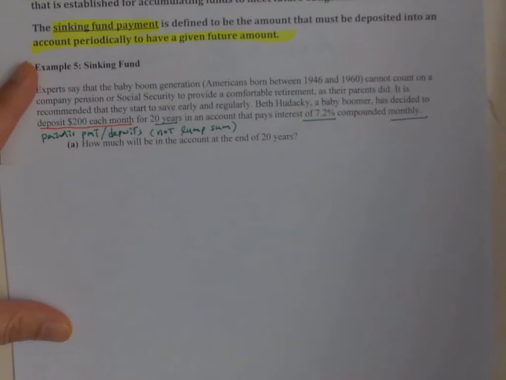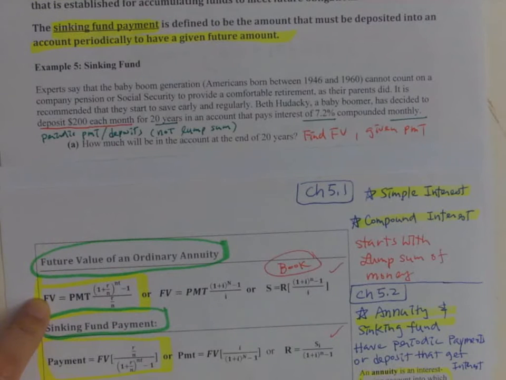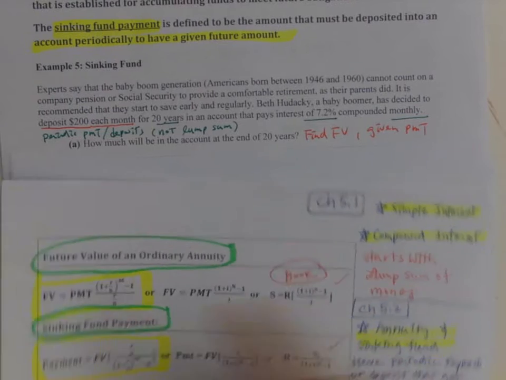They want to know how much money she will have at the end of 20 years. So they are looking for the future value, and it's given the payment, right? So we need the formula that finds future value when the payment is provided.